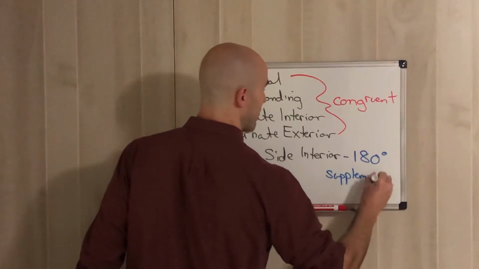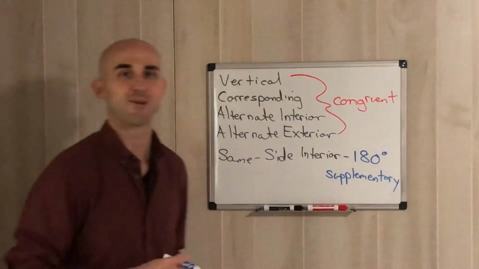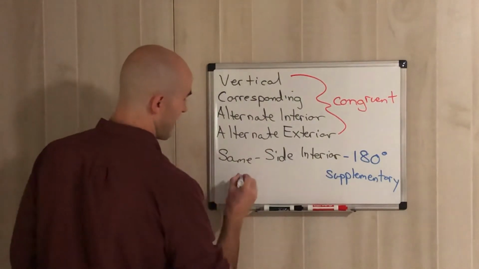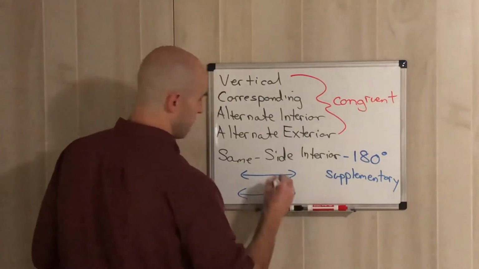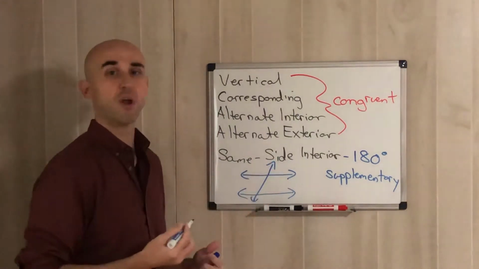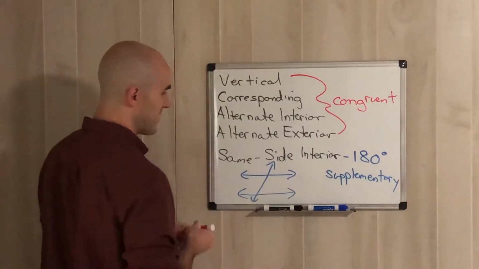And now all of this information is only true if the lines are parallel. Lines that are parallel are never going to touch, never going to intersect. Even though this right here looks parallel, we don't know it's parallel. Whenever we're working with parallel lines, what it always needs is those arrows.